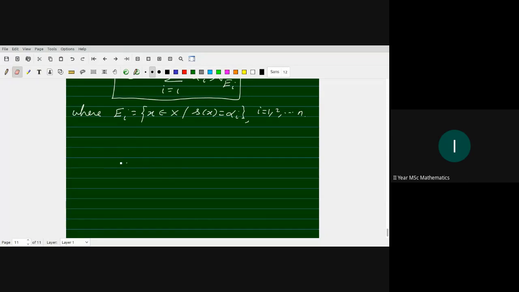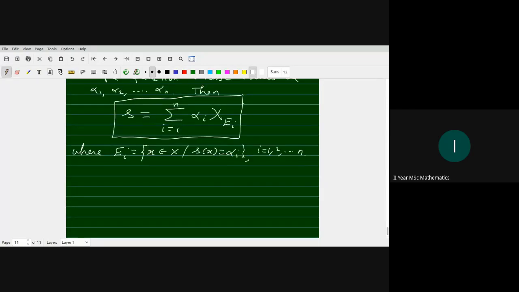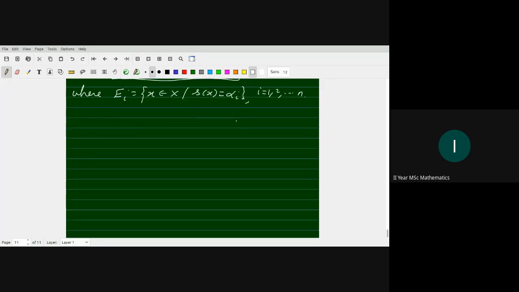If I write a simple function, it is written as a linear combination of characteristic functions, right? So every simple function depends on this set E_i and alpha_i.